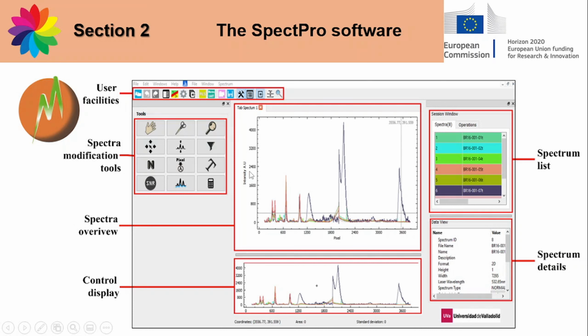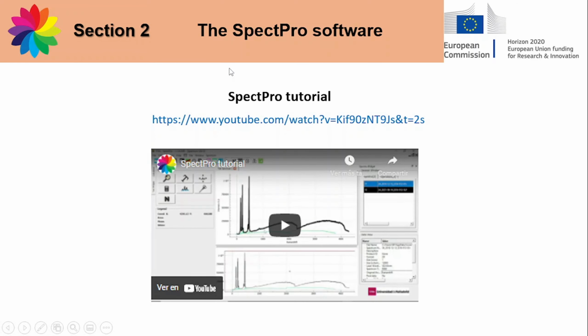As you can see here, the software has been updated so it could be used to open different kinds of spectra, also NIR and LIBS spectra, for instance. And if you want to check how to download the SpecPro software and how to use the tool, you can also check this tutorial that is also on YouTube, and you can access it by clicking on this link.